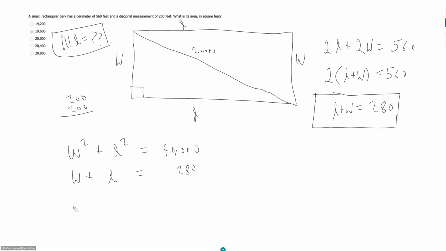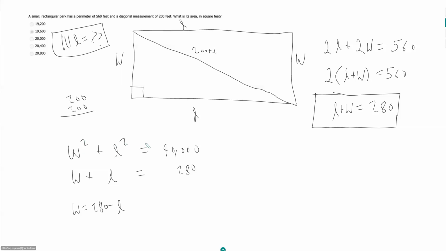I can say W is equal to 280 minus L, and then substitute 280 minus L for W in my first equation. But then I've got to square that, and I don't even know if we'll be able to solve it. That's just going to give us another complicated quadratic.